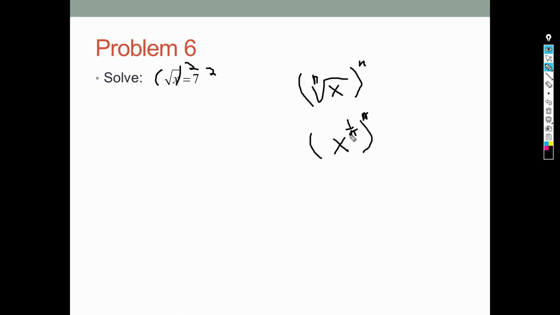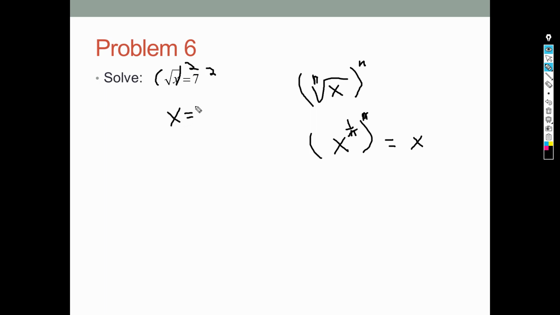It's 1 over 1, so it's x to the first, or x. Here the index is understood to be a 2, so these are the same. If this is a cube, you put a 3 right there, it gives me the radicand, in this case the x. So this just gives me x.